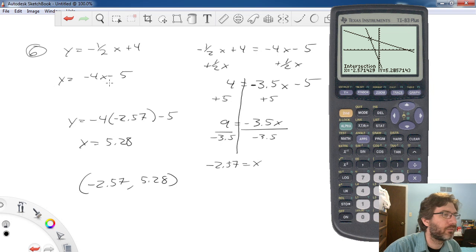Negative 2 times negative 4, yeah, if you rounded this to negative 2, that probably did it. 4 times 2 is positive 8 minus 5 gives you that 3. So that might have been what it was. You might have just rounded this to negative 2. Did you round this to negative 2?